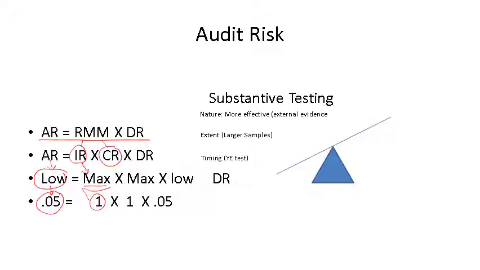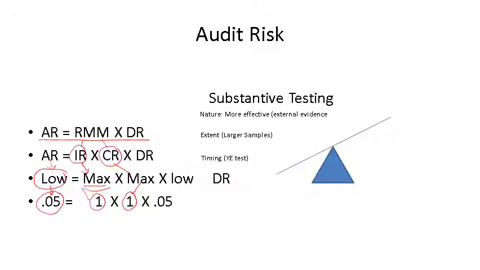We think, wow, those are not good controls. So we assess control risk at the maximum, at 1. We've done a qualitative and quantitative characterization here, and the auditor could use either or both, but we have assessed both inherent risk and control risk at the maximum.